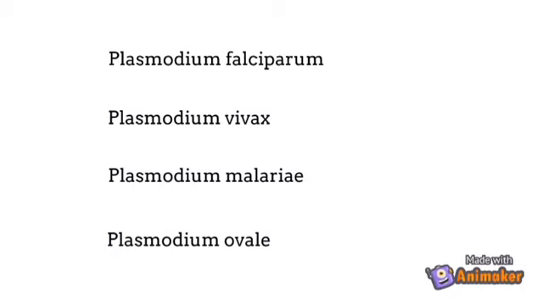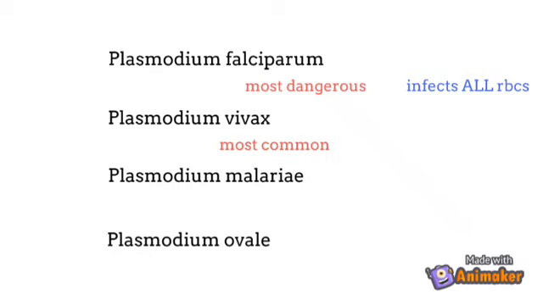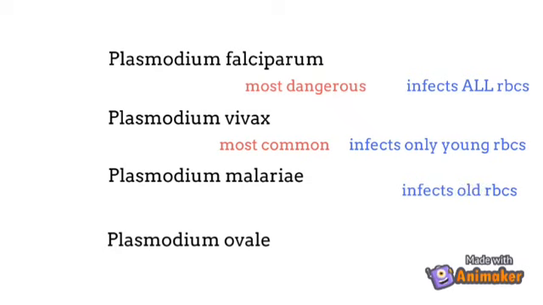Here are some key points on each of the different species of malaria. Falciparum malaria is the most dangerous type of malaria because it infects all kinds of red blood cells, while vivax malaria is the most common and it infects only young red blood cells. P. malariae infects old red blood cells.